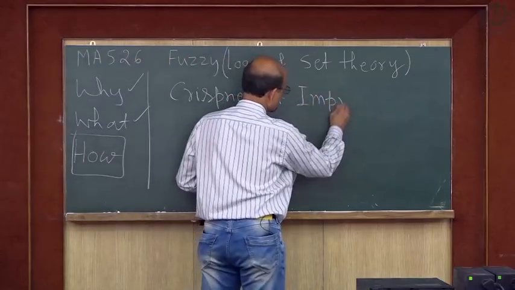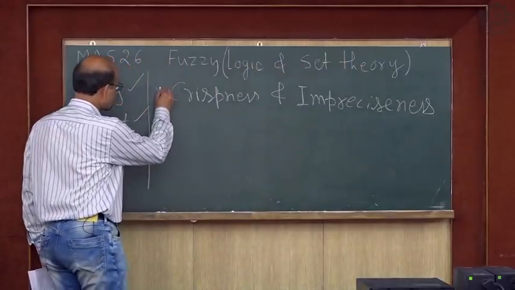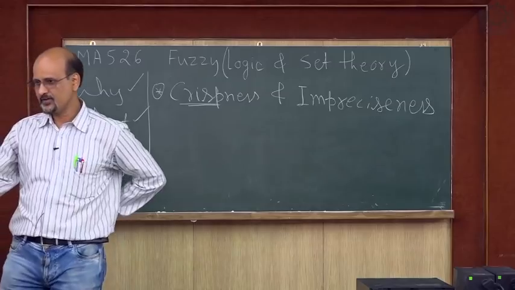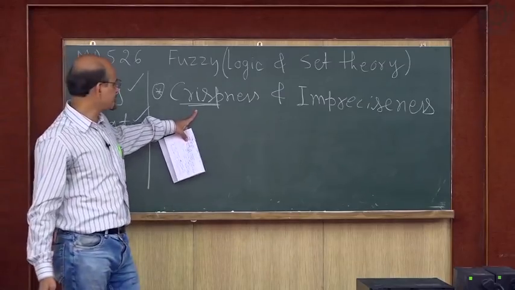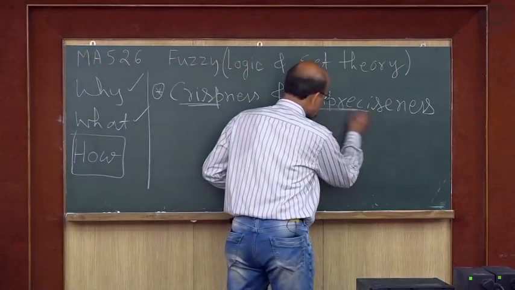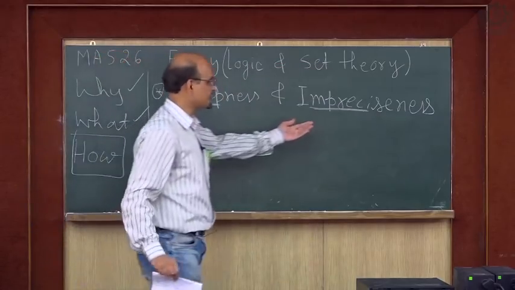I have already told that crispness is when you know the value of the variable or parameters exactly, then it is crisp. Okay? And imprecise means you have error in your measurement.